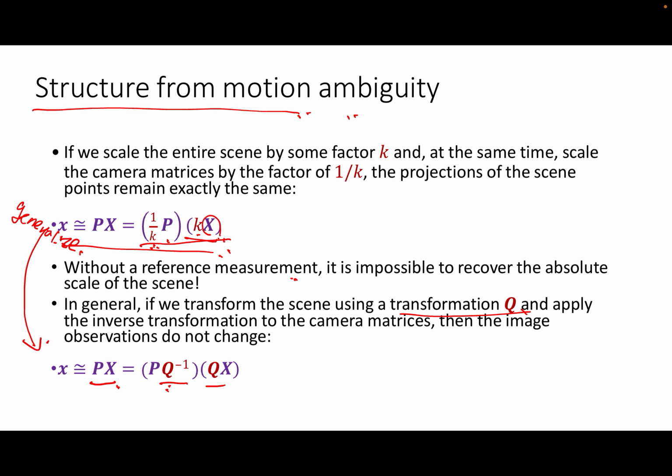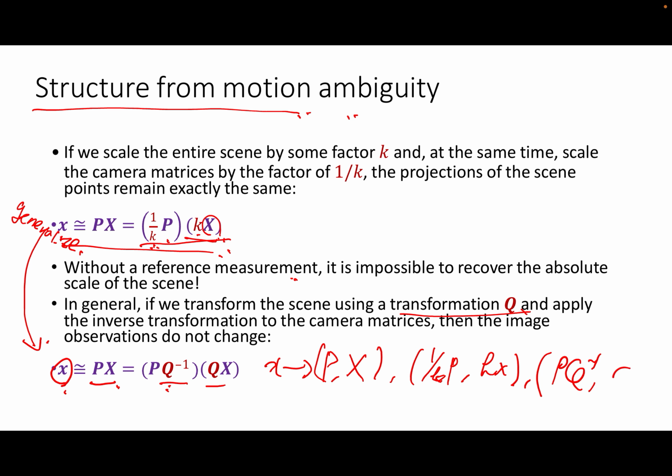Given only small x, there can be multiple solutions. For example, our goal is from small x to get P and X. P and X can be an answer, or 1 divided by k times P, and kX can also be an answer, or P Q inverse, and QX.